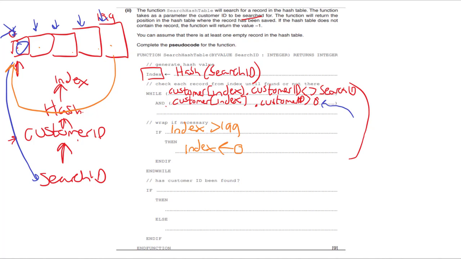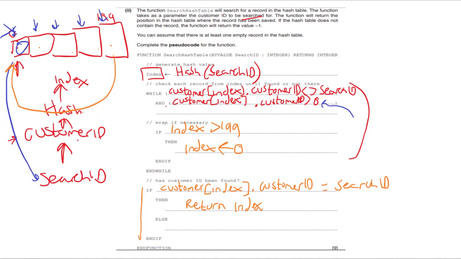Now we're going to be focusing on if something's been found. So we're going to do if customer index dot customer ID matches our search ID, we're going to return the index position.